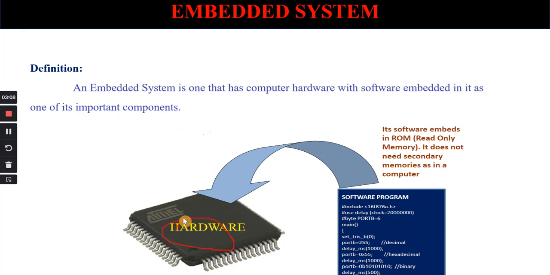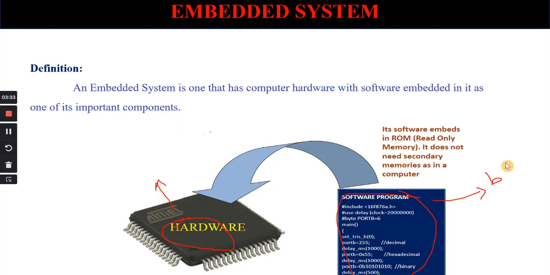It may be called computer hardware also. But the difference between general purpose computing and this hardware is that this hardware will respond only to a particular program. Here we have a program for blinking an LED or blinking a port. So it will perform only the LED blinking.